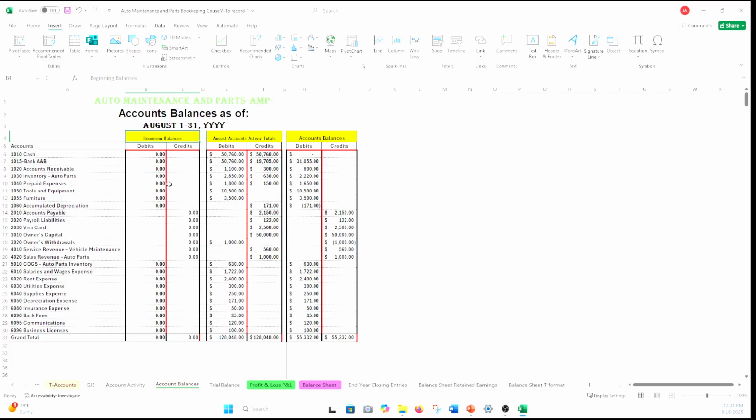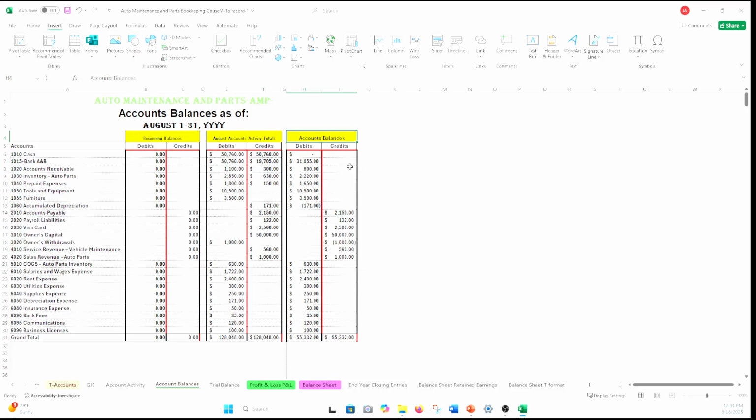They were totally zero. No activity before, zero balances, so that's not a problem. But again, let's say that we have activity in September, our beginning balance is no longer this one. Our beginning balance with respect to September is going to be the ending balance of August.